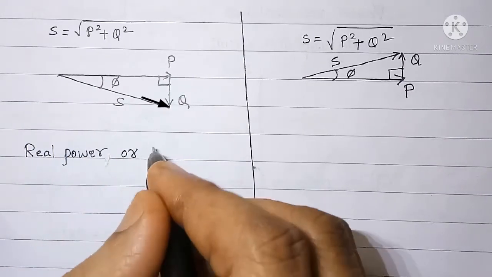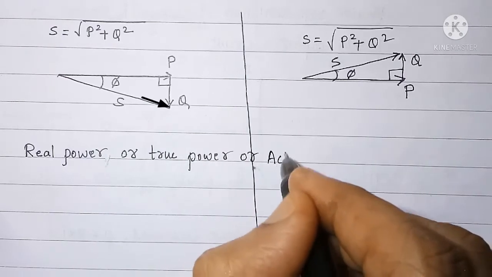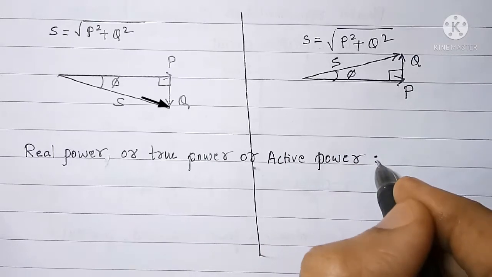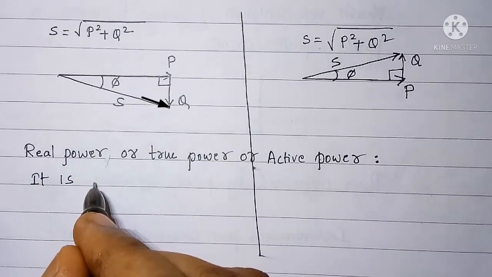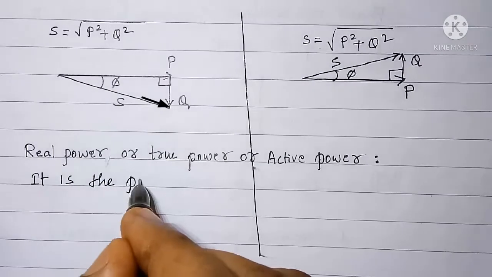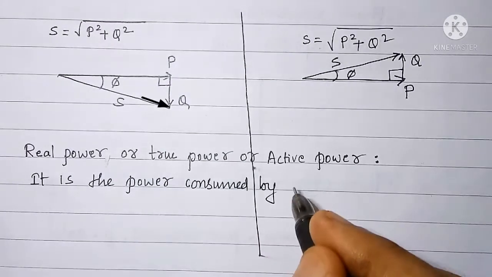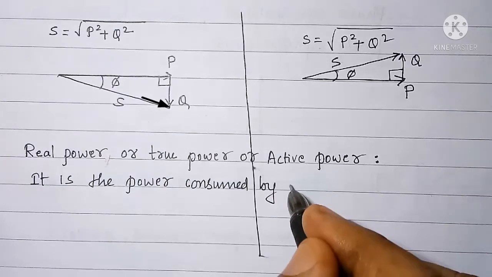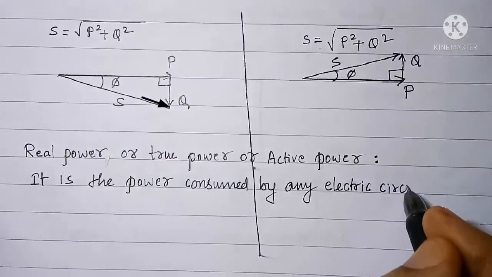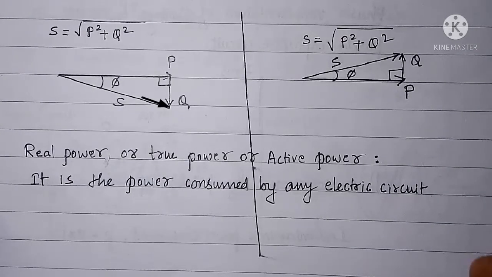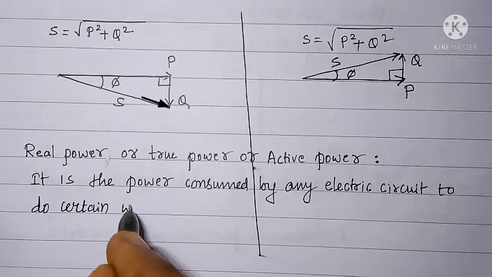Real power or true power or active power: it is the power consumed by any electric circuit to do certain work.